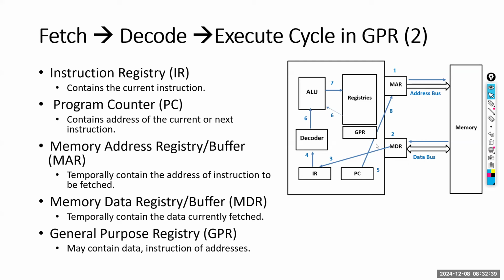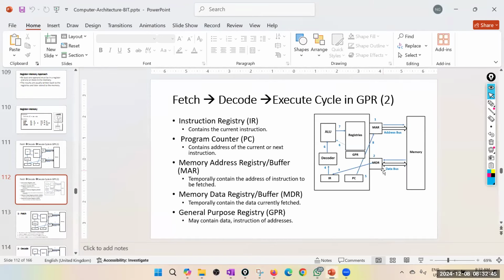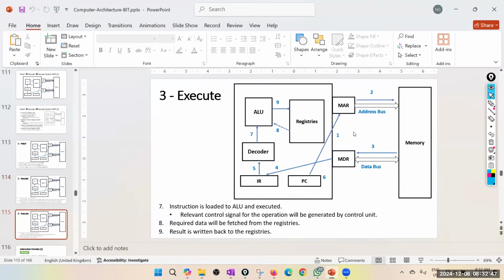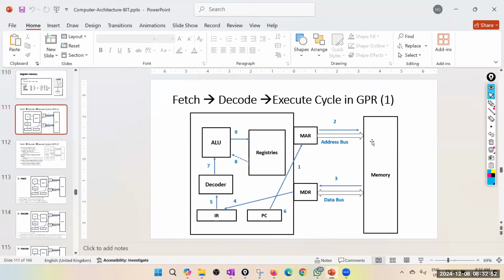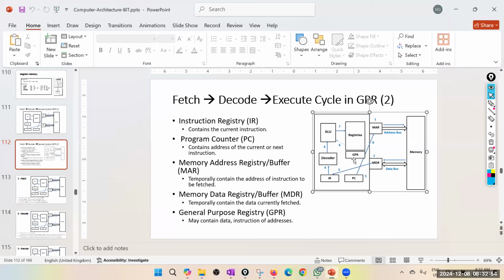So there's a small mistake here. There should not be GPR separately here, because this is a screenshot and it has some issues. So this should be just the registries, the GPR registries.